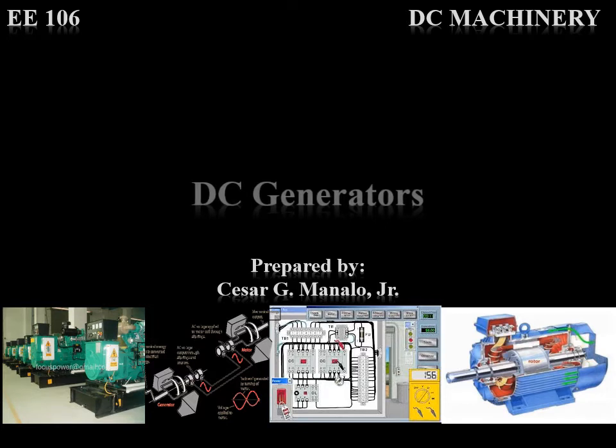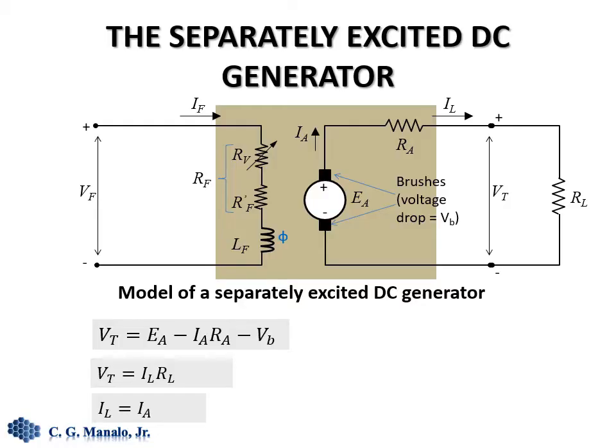Let's talk more about separately excited DC generators. This is the model again for the separately excited DC generator, a circuit involving the armature circuit.